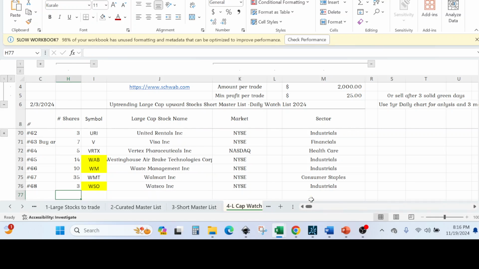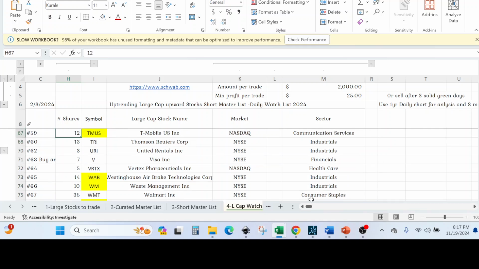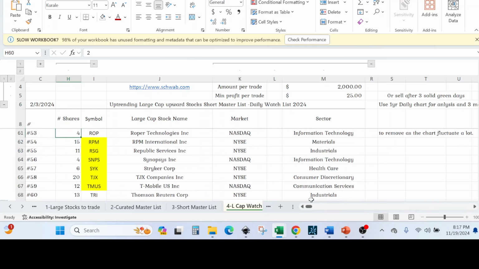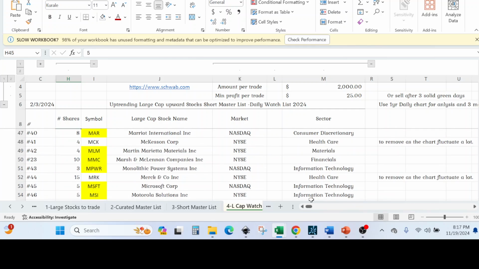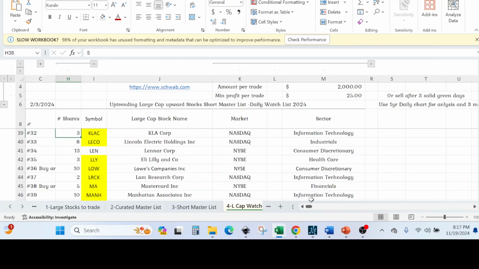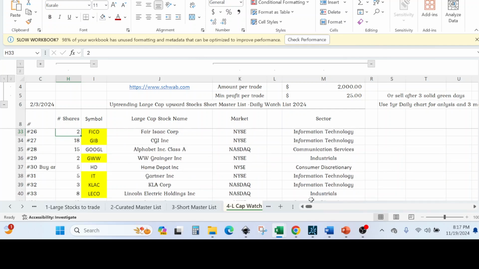So that's how we analyze our stock chart for swing trading. If I go back to see how many symbols we marked red, those are the ones that tomorrow I will analyze around noon.